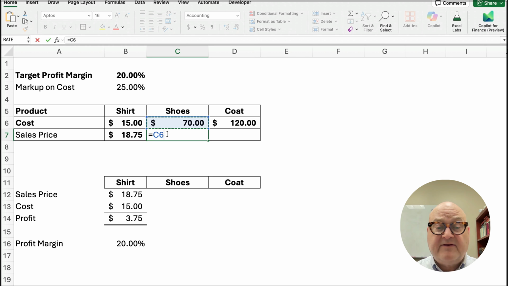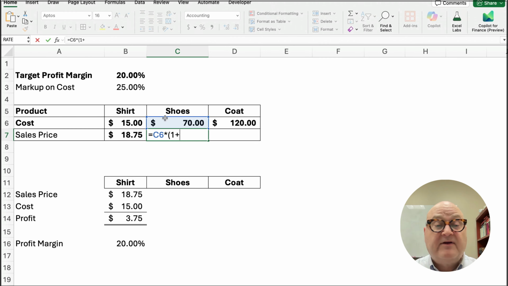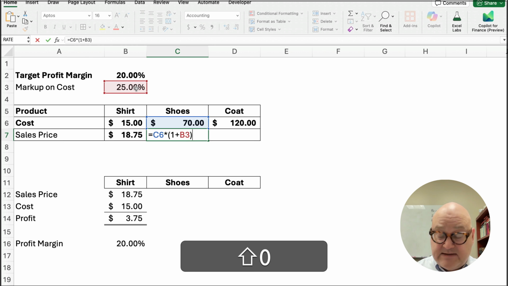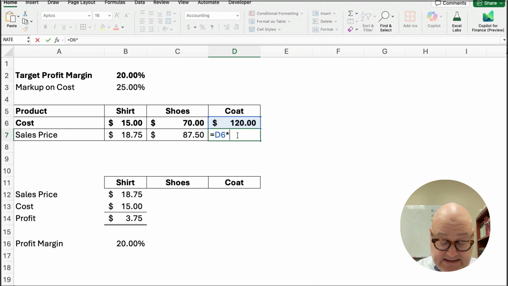So we'll take the 70 times 1 plus 25%. So we're going to sell the shoes at $87.50, and we'll do the same thing for the coat. 120 times 1 plus the 25%. We'll tack on 25%.